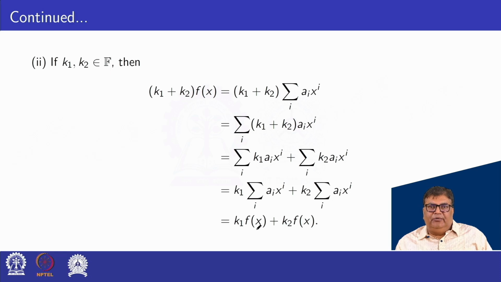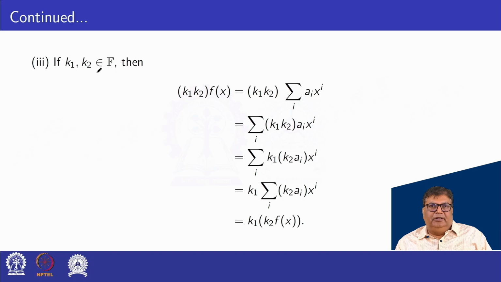That is k1 f(x) plus k2 f(x). That is the second property of external composition: (k1 + k2) f(x) equals k1 f(x) + k2 f(x).